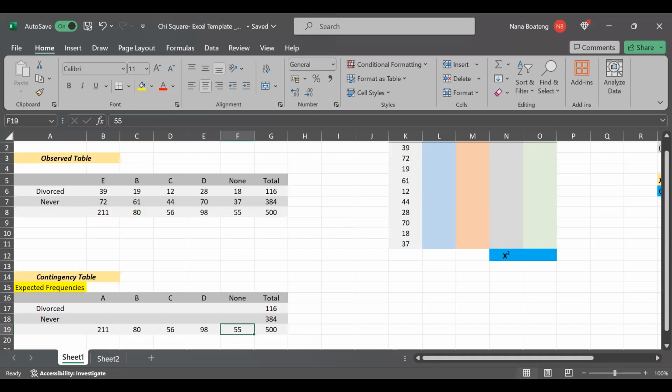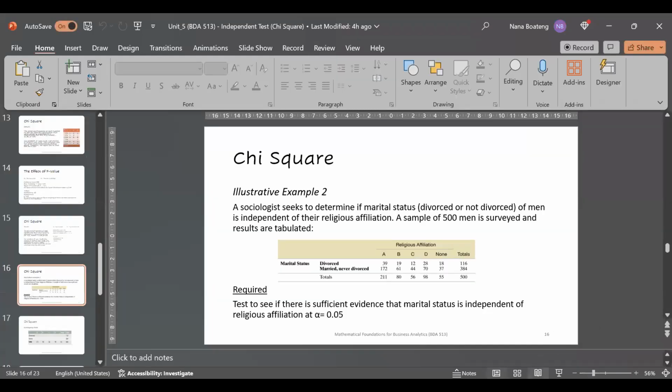The total for divorced, remember, is 116, and the total for never divorced is 384. So all we need to do is derive the expected frequencies for each of the religious affiliations. So what do we do?